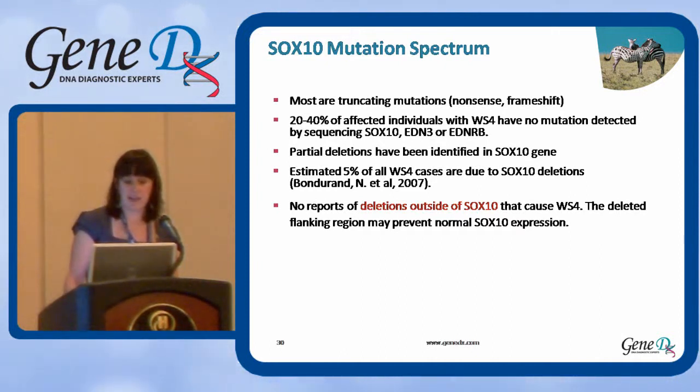However, we couldn't find anywhere in the literature deletions outside of the SOX10 gene that were causative. So this patient's deletion, including the flanking region of SOX10, obviously was preventing normal SOX10 expression. This is just a great example of the importance of genome-wide applications. This was able to identify an abnormality that may have been missed had the physician ordered a more gene-specific deletion duplication technique.